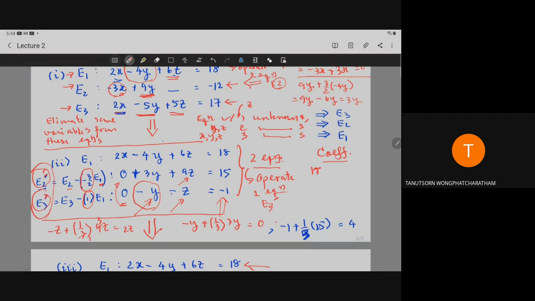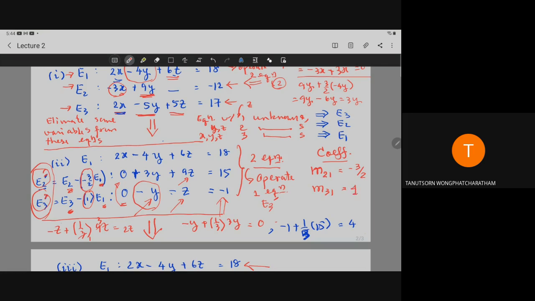So here we can write the coefficient as m21, which define the order of equation 2 followed by equation 1, and it is equal to -3/2. And also, in order to convert or transform from equation 3 to a new equation, the coefficients of the multiplication is called m31, which is 3 and 1, and it is equal to 1.